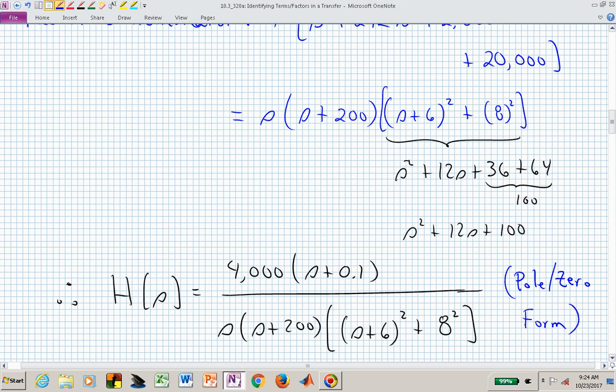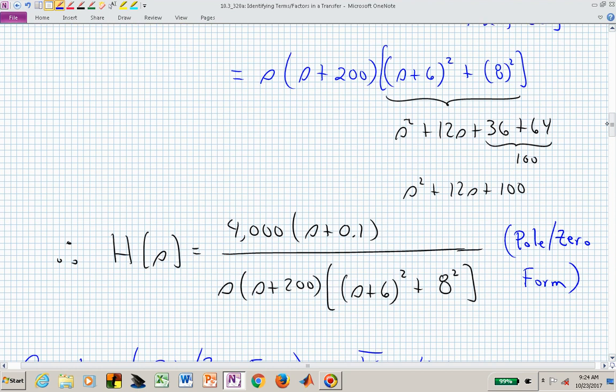And that will be in contrast to what we do in the next video, which is now to put this into a time constant form, which is where we now force all of our constants in our linear and quadratic factors to equal 1. And that will make the sketching of the Bode plots more convenient.